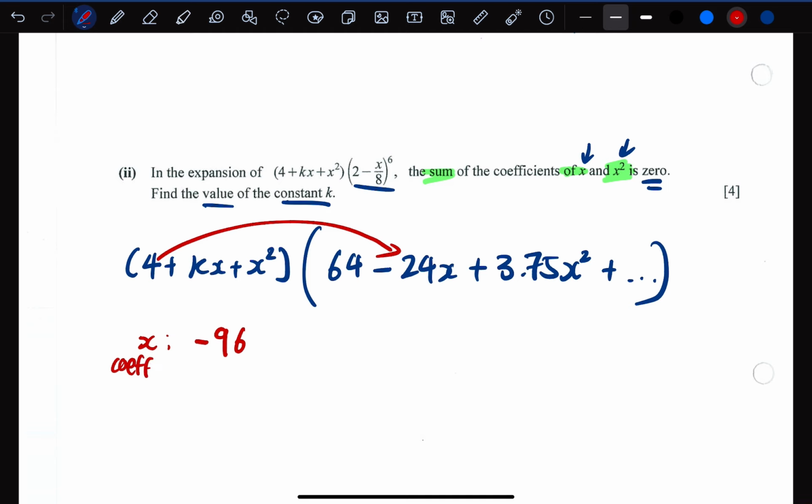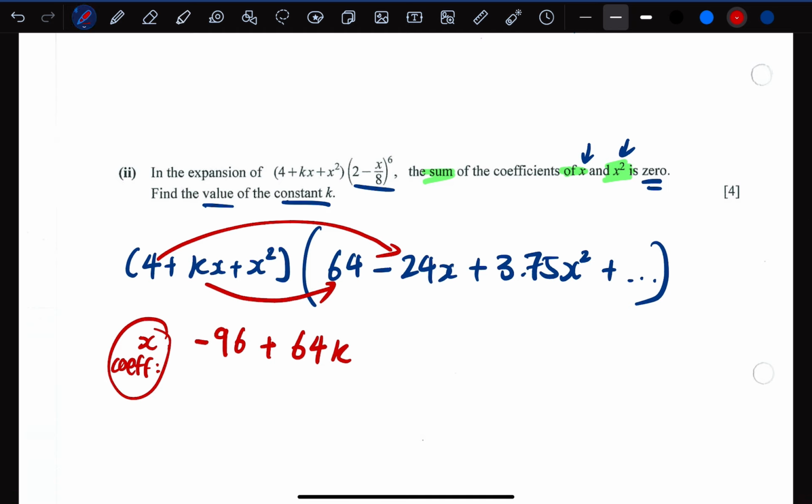I'm just going to be looking at coefficients because it's much faster. If you cannot see just the coefficients, it's perfectly fine to write the x there also. Apart from this, I also have kx multiplied by 64, and this is a plus, so 64k, I'm not going to write the x. So this is my coefficient for x.